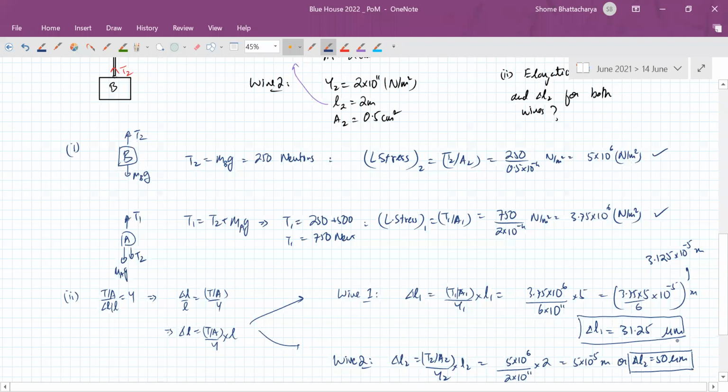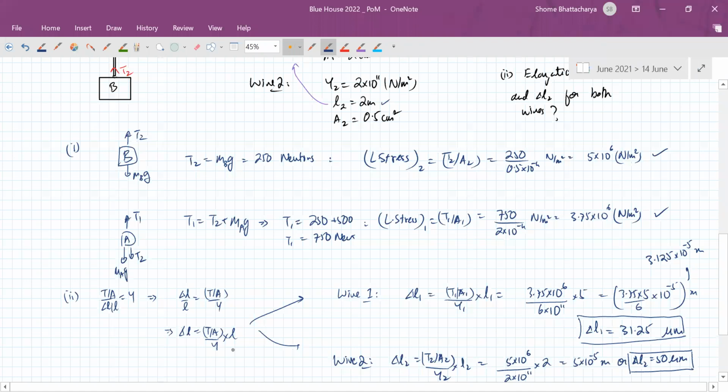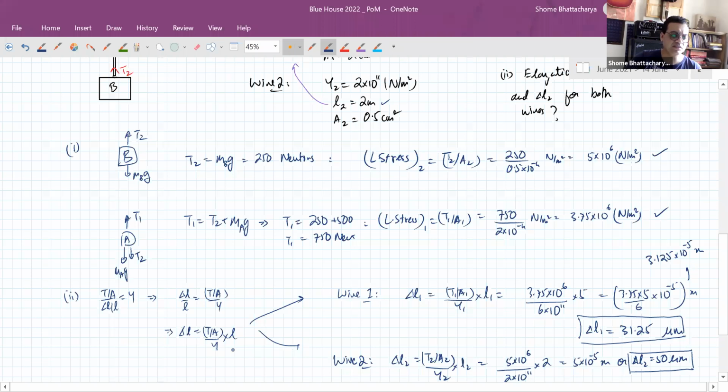Sir, why have you multiplied it by 2? 2 meters is the natural length, beta, L2. Understood now? If you wanted to just find the strain, then it is just stress upon Young's modulus. But here what do I have to find? Change in length, right? So further it is strain into natural length. Got it now? Okay, sir.